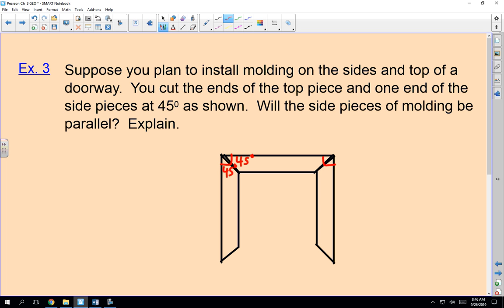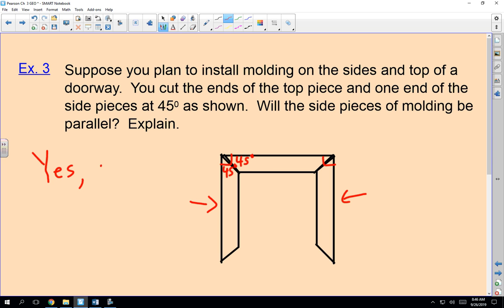Does that look kind of like one of the pictures for the theorems in the very beginning? That's the first one we did. So if those two are 90s, if you cut 45s, put them together in that way, then you're guaranteed that these two sides here and here will be parallel, like the sides of the door, the little door frame. So will the side pieces of molding be parallel? Yes. I think that was theorem 3.8.